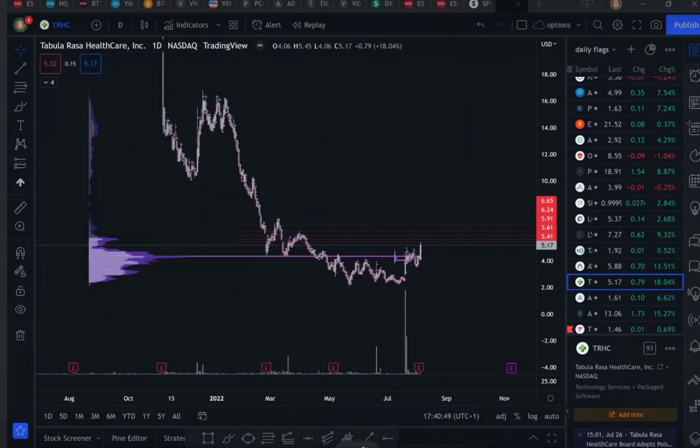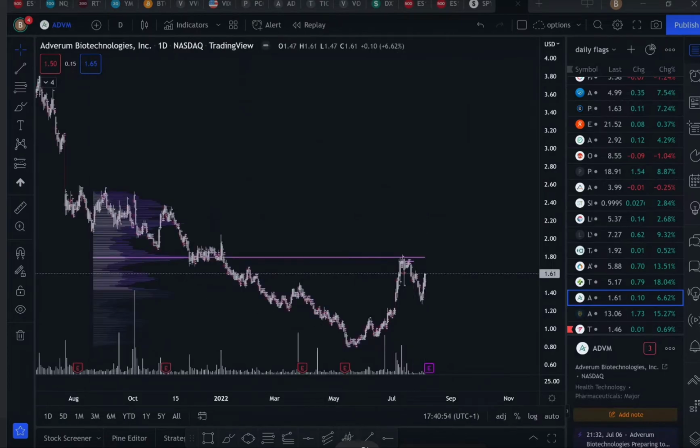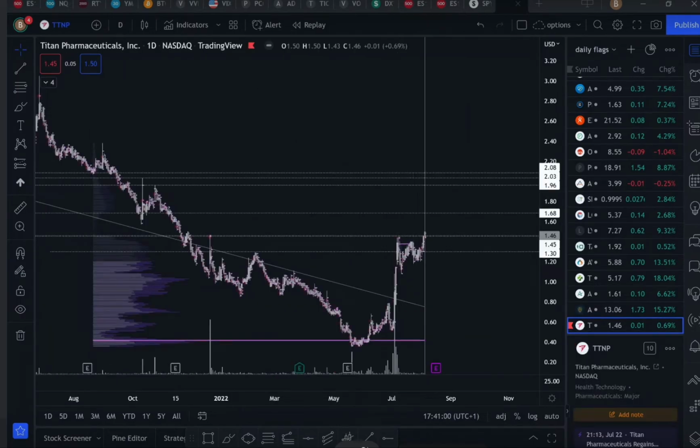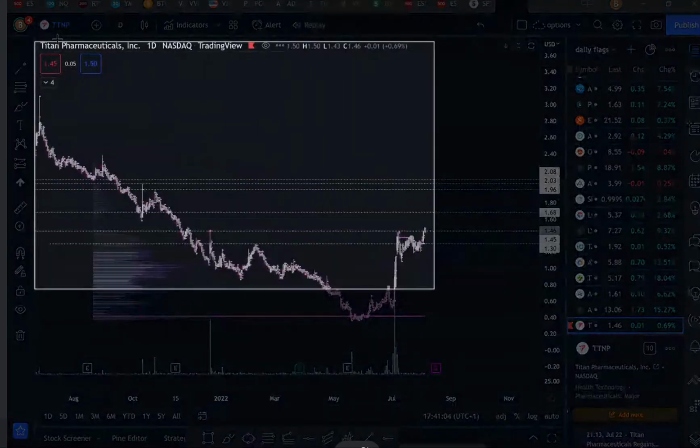One broke some out because I traded it. That's not broken. That one broke. I'll put this one in. It's breaking. We can use this one.